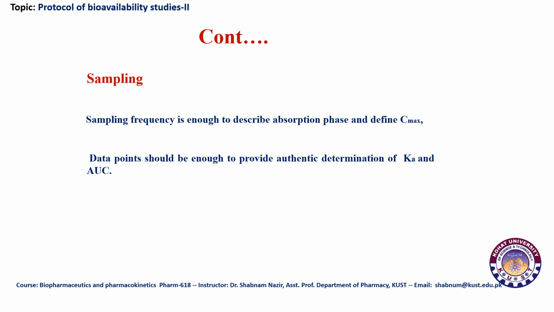Area under the curve we know is a very important parameter for the assessment of bioavailability. So the sampling frequency or the data points should be such that they cover the Cmax, Ka, and area under the curve. Then the elimination phase must also be covered with the help of these sampling frequencies. So the important parameters which we are mainly concerned with are the Cmax, absorption rate constant, area under the curve, and the elimination phase of the drug.